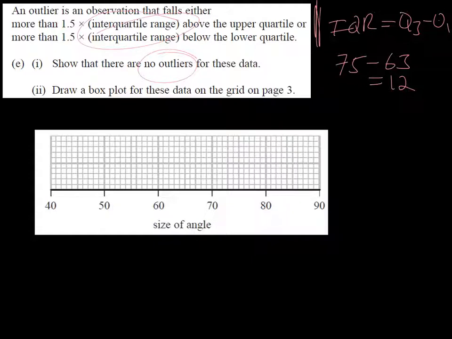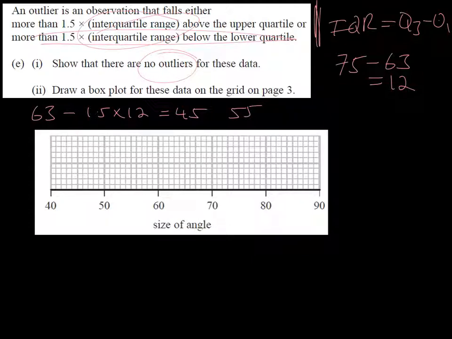So let's start with the lower quartile. If we do 63 minus 1.5 times 12, we get 45. And we can see that the lowest value according to the data is actually 55. So there are no outliers there because our lowest value is greater than this critical level here.